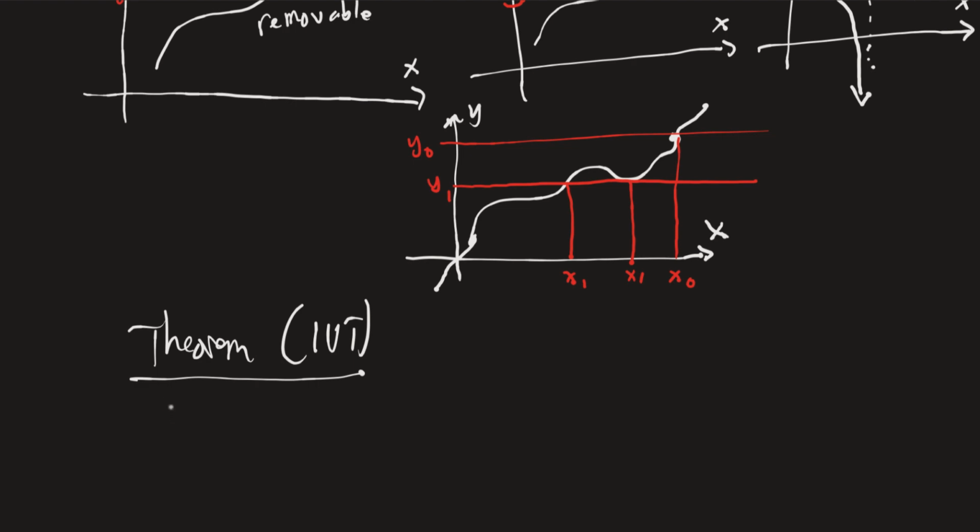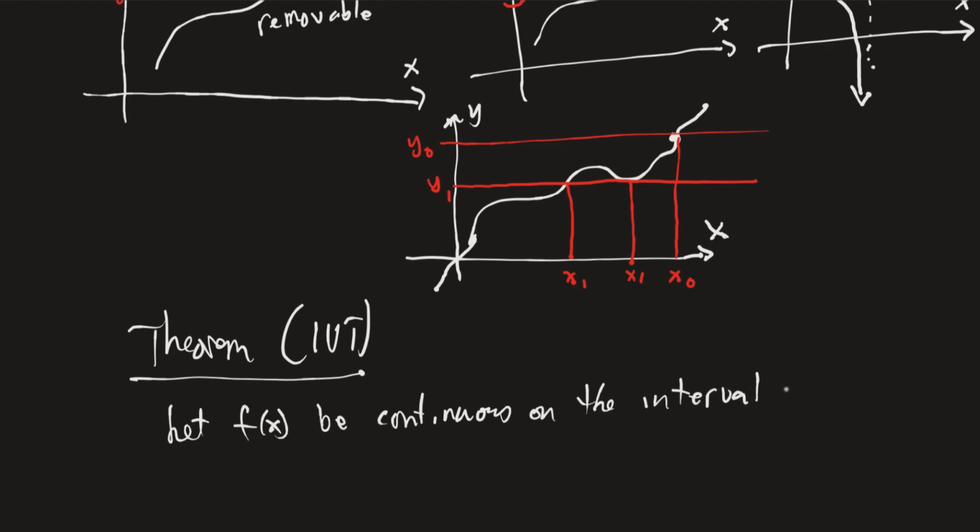And so this is what it says. Let f of x be continuous, and that's the key here. It's got to be continuous on the interval, and this is going to be a closed interval, meaning the endpoints are included.